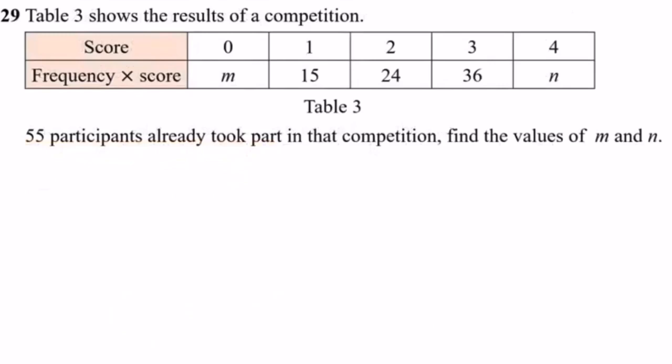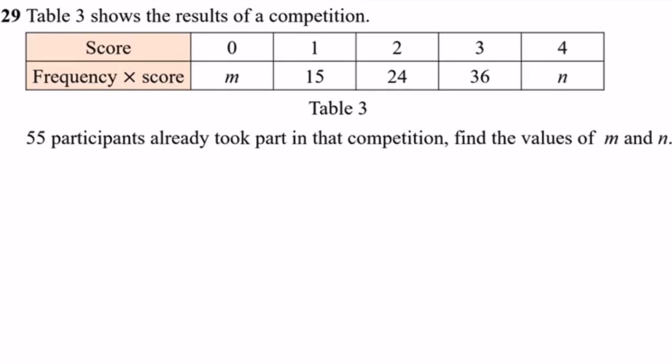Question 29. Okay, table 3 shows the results of a competition. So you are given the score and frequency times the score. Score is actually x for statistics, and the frequency times score is fx. So 55 participants took part in the competition.